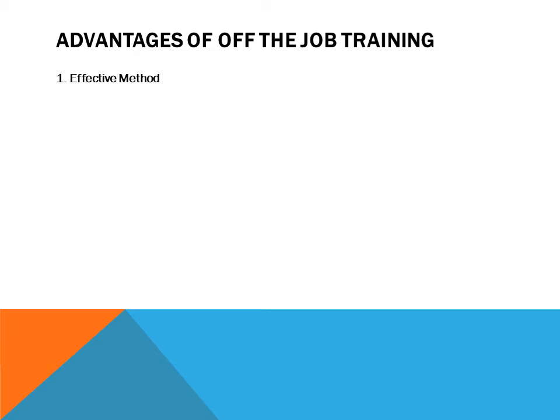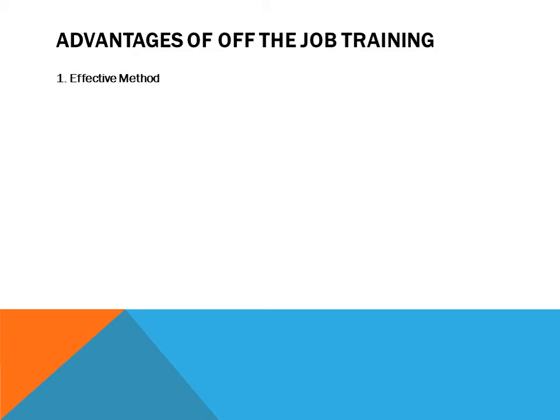Okay, when we do not have experts, we learn less, and we will not get enough information, right? But in off-the-job training, because of experts and specialists, a trainee gets a lot of information.